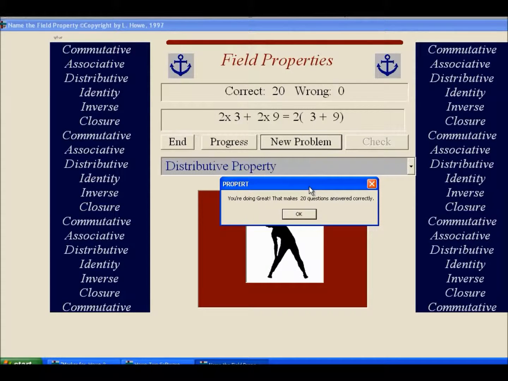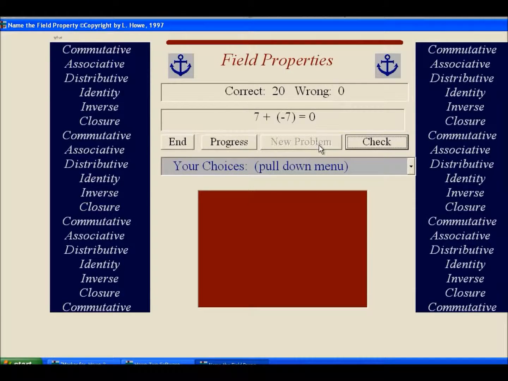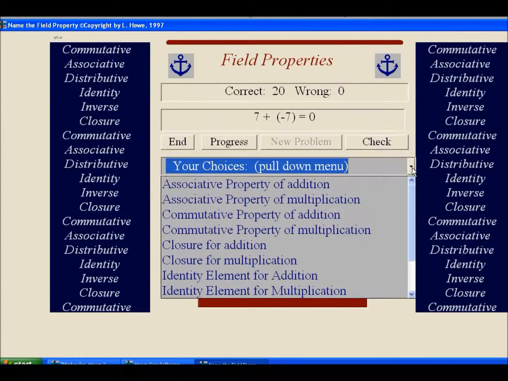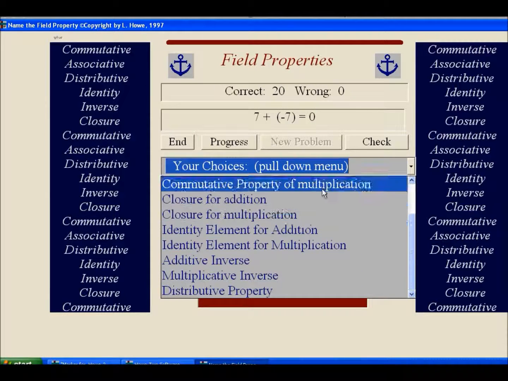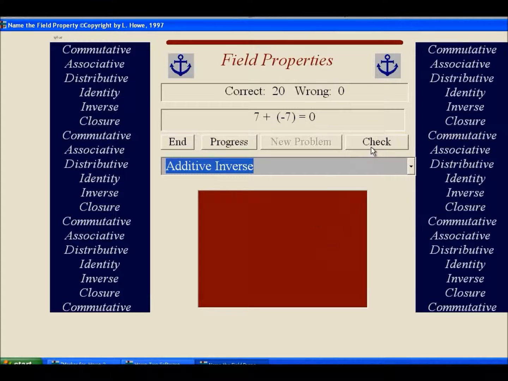We still haven't gotten that. Here we go. 7 plus negative 7 equals 0. This is the identity element. No, this is showing the additive inverse. Gives us back the identity element.